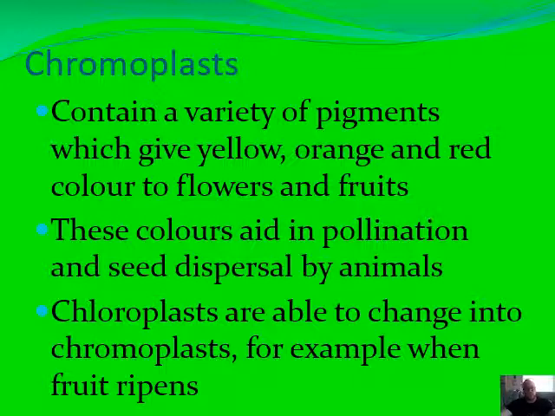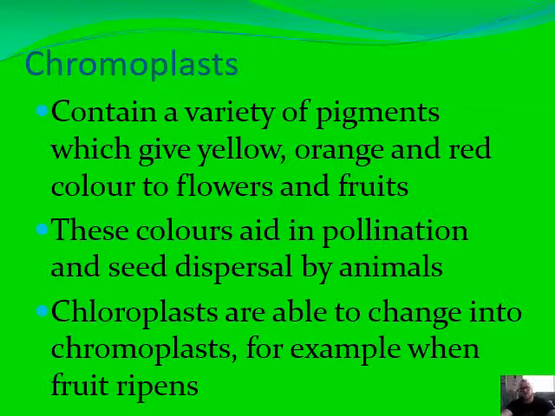Then the third point over there, chloroplasts are able to change into chromoplasts. So these plastids are interchangeable. So a chloroplast can turn into a leucoplast, and that can turn into a chromoplast, and vice versa. They can move all the way around. And this is, for instance, when fruit ripens.